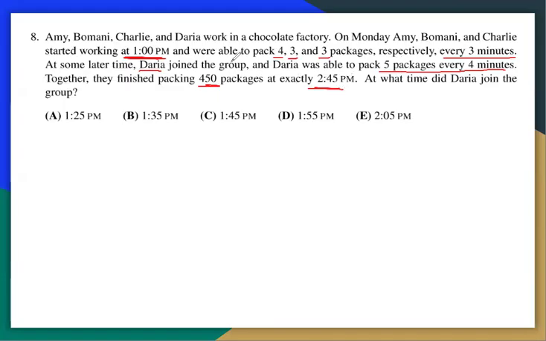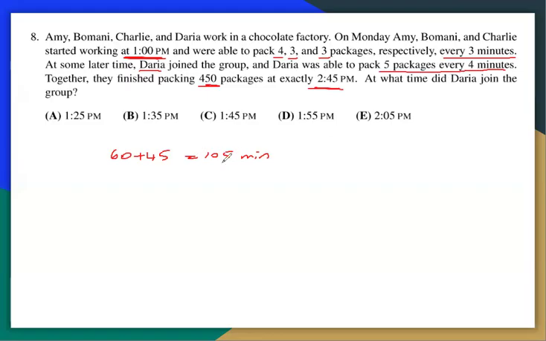Let's find it. It started at 1 p.m. for those 3 individuals, and then it ended at 2:45. So 1 to 2 is 1 hour plus 45, which is 60 plus 45 minutes, which is going to be 105 minutes. The 3 people work 105 minutes. And we know that the individuals complete 4, 3, and 3 packages every 3 minutes.